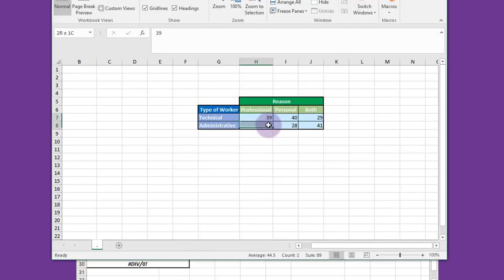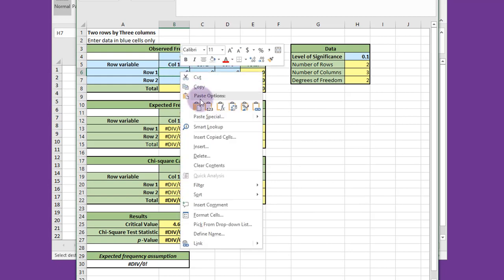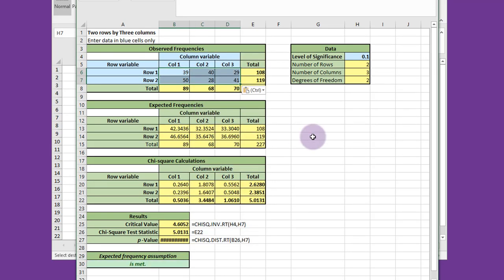I'm going to highlight these cells, the data cells, copy them, go back here, select that first cell, and then paste the values in. And you can see that the calculator begins to fill itself out. We could also add the column variables and the row variables just to make it a little bit clearer.